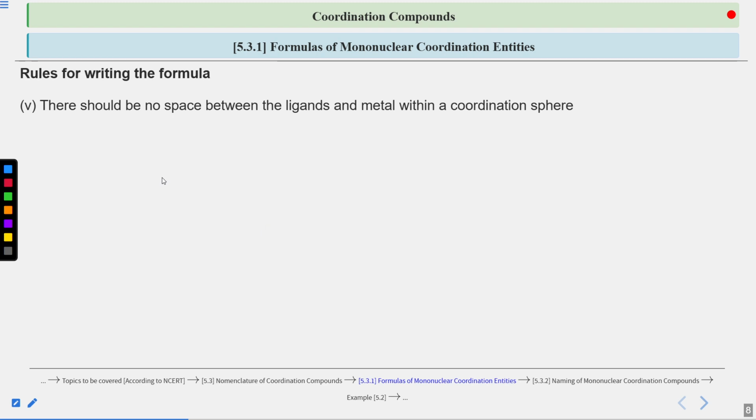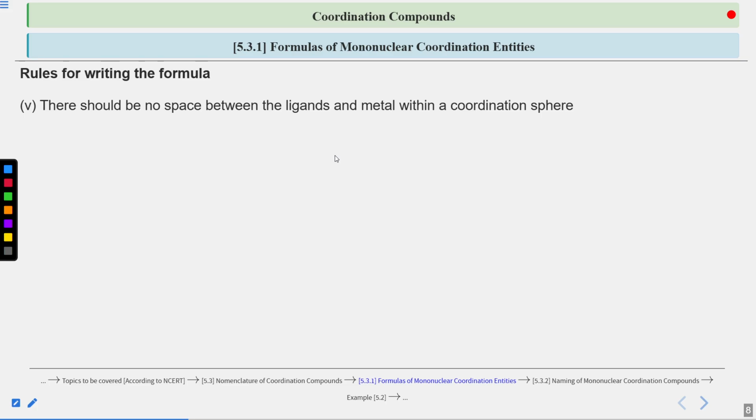Okay. The fifth rule is that there should be no space between the ligands and the metal within the coordination sphere. The coordination sphere corresponds to the square bracket and whatever is present inside it. Basically, the square bracket contains the coordination entity, including the central atom or ion and ligands.